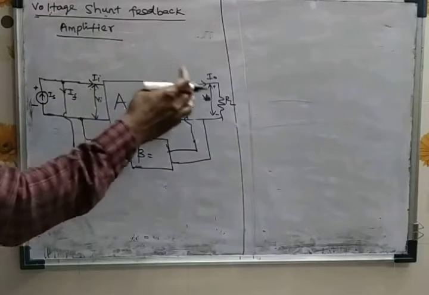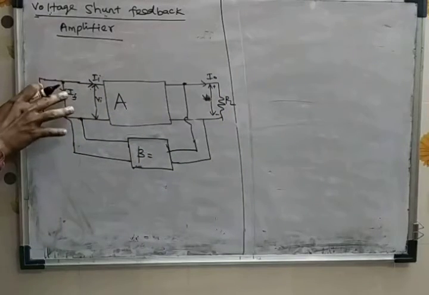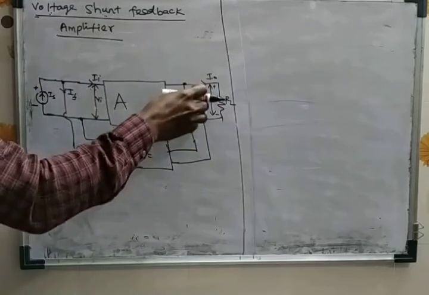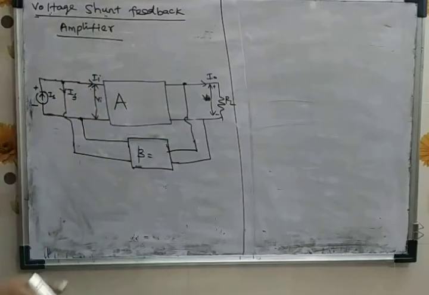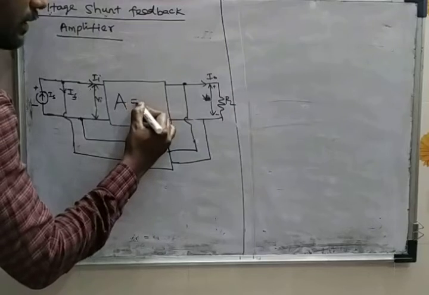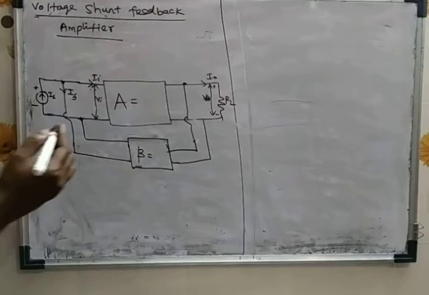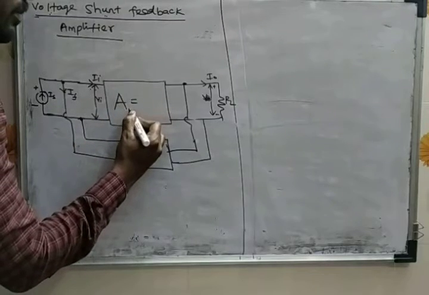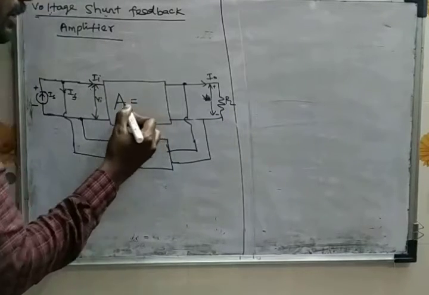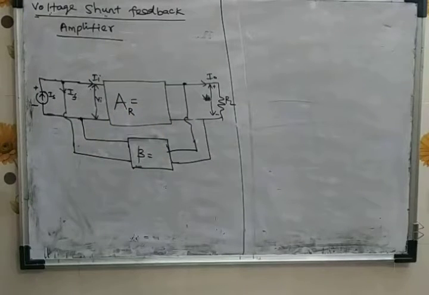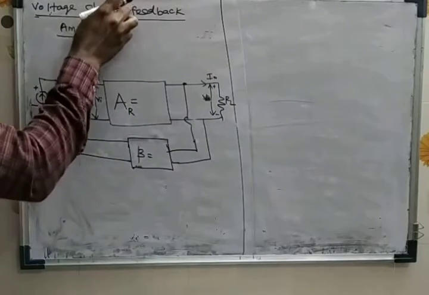So here we have voltage output and current type of mixing. The mixer network uses current and the output sampling network is voltage. So output to the input, that means voltage divided by current. We know that voltage divided by current is resistance. So we can represent it as AR. This is a resistance, since your sampling network is voltage and mixing network is shunt, meaning current mixing.